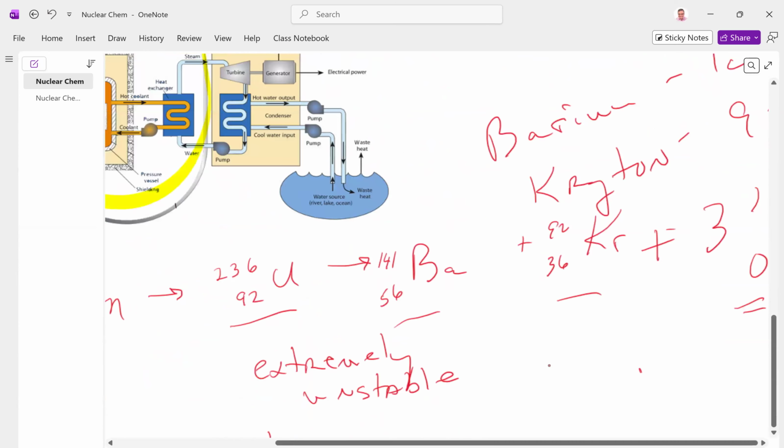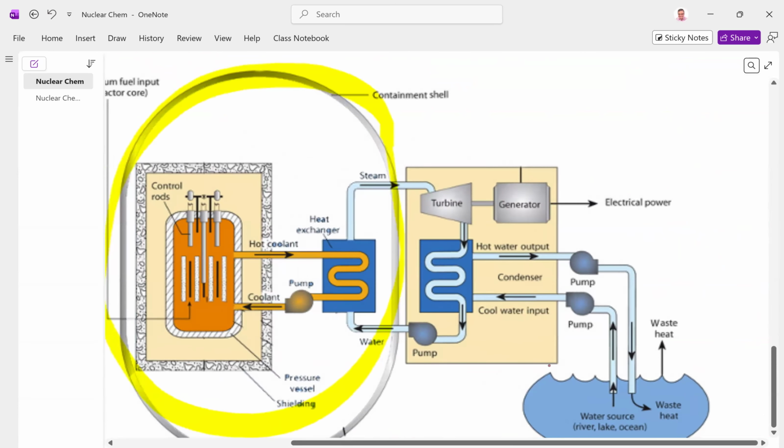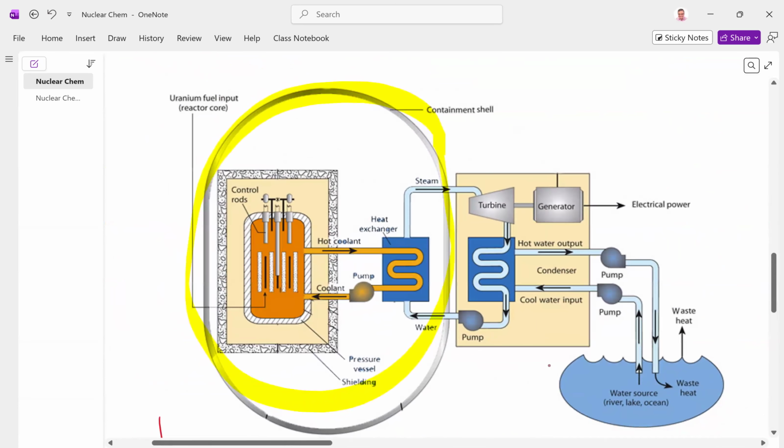Okay, so let's talk about how this thing works. Okay, in yellow is the heat source.